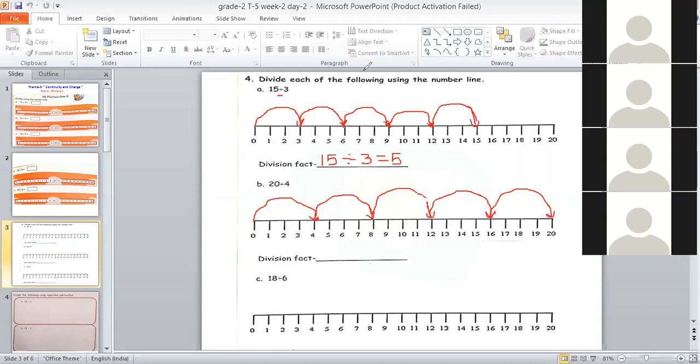Devansh, are you there now? Yes, ma'am. I've called you thrice. Okay, tell me, Devansh, how many steps have we taken to reach number 20 in the second question? 6?